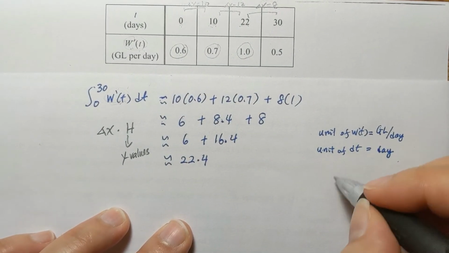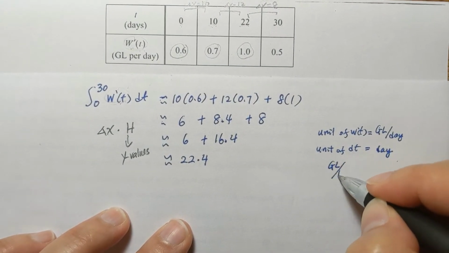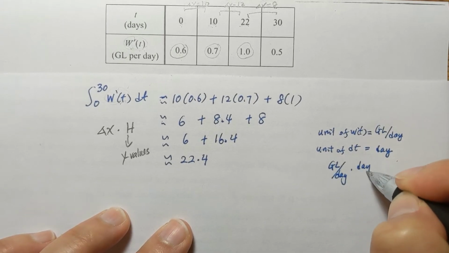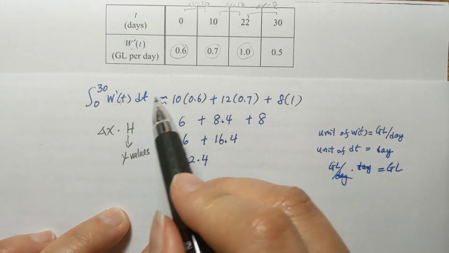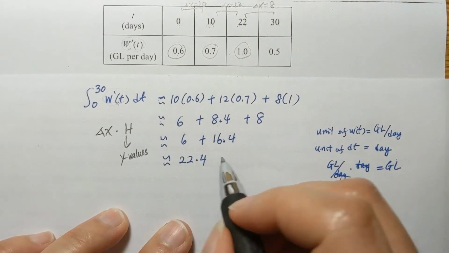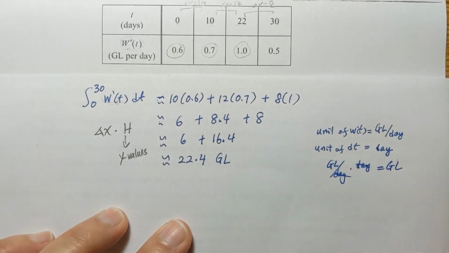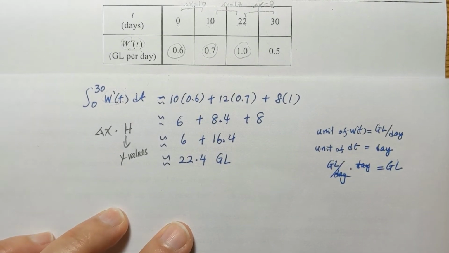Then you multiply them. GL per day multiplied by day, and then you cancel. You get GL. So the unit is going to be GL if the question never gives you the unit.